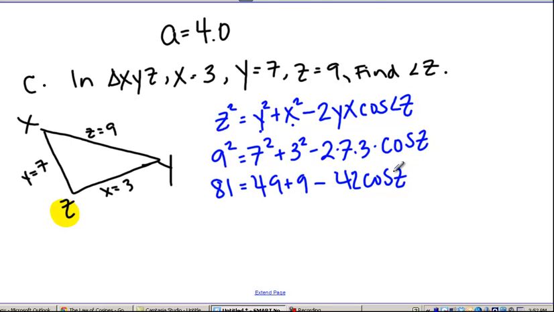Now it's just algebra from here on out. We're trying to solve for Z. First thing, you're going to combine these, which gives you 58. So basically you're going to subtract 58 on both sides first.